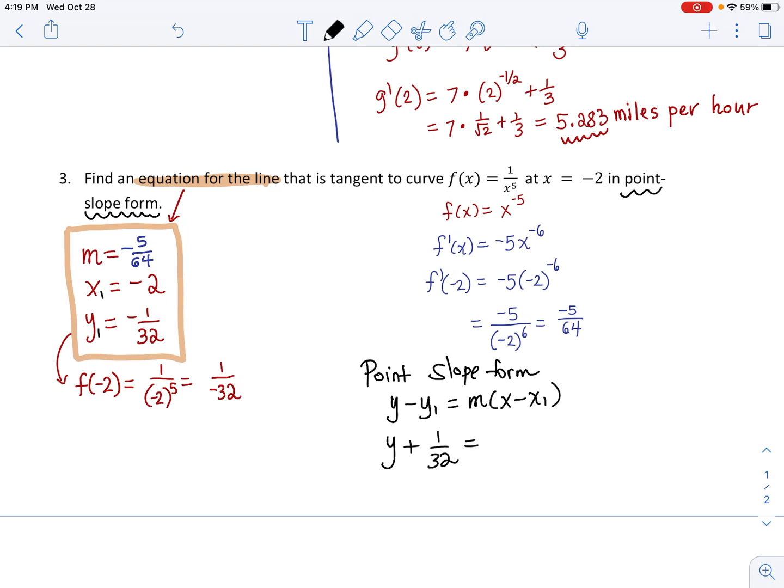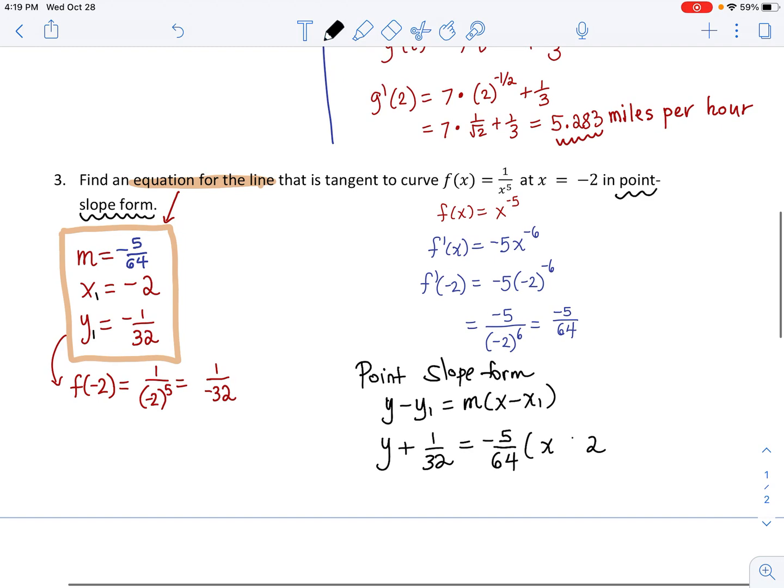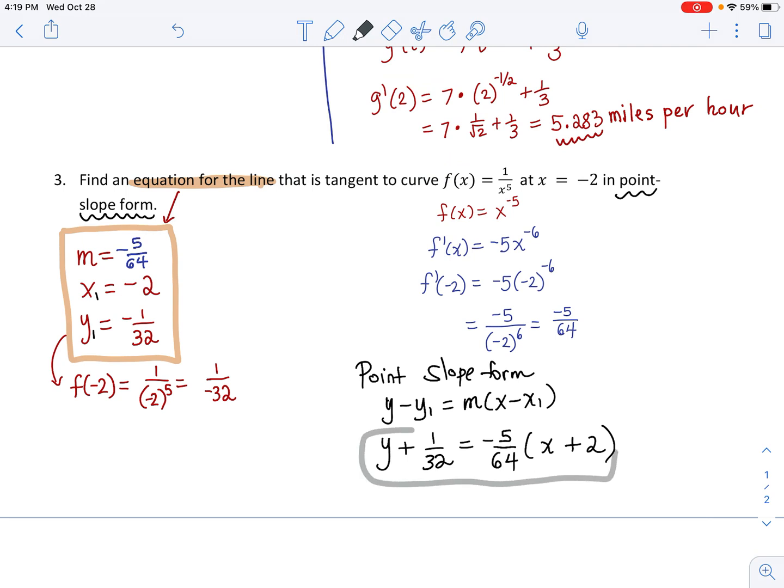So the left side of the equal sign is y plus 1 over 32. M is negative 5 over 64. Open parenthesis, and let's do x minus negative 2. But again, minus negative, that's just going to be plus. So that is it. Let me go ahead and box my answer. That is the final answer for number 3.